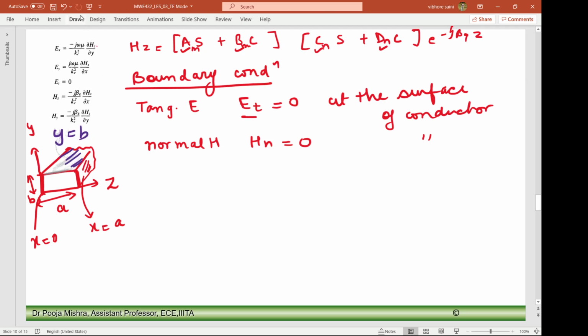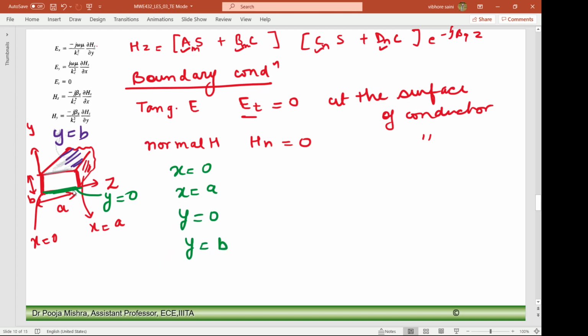This surface is the y is equal to 0 surface. So we have four surfaces: x is equal to 0, x is equal to a, which are conducting surfaces, y is equal to 0 and y is equal to b.